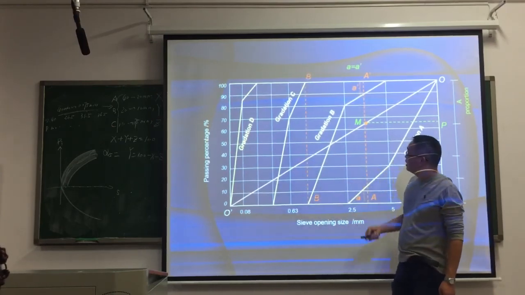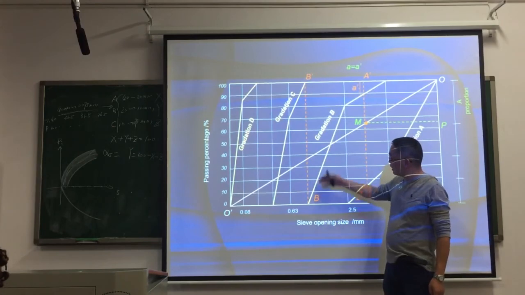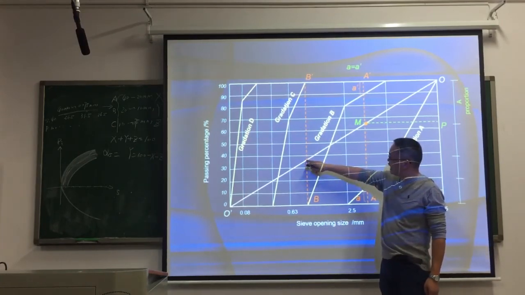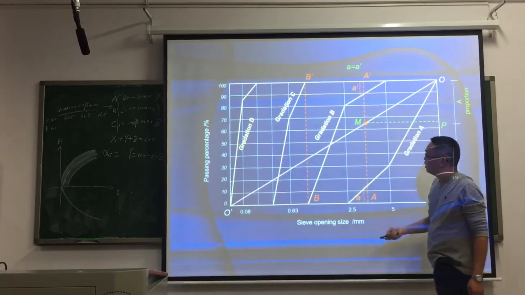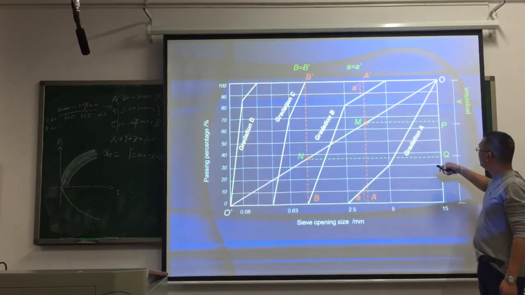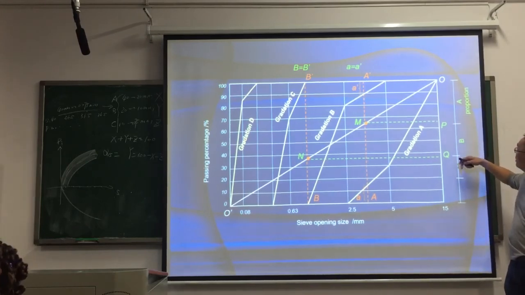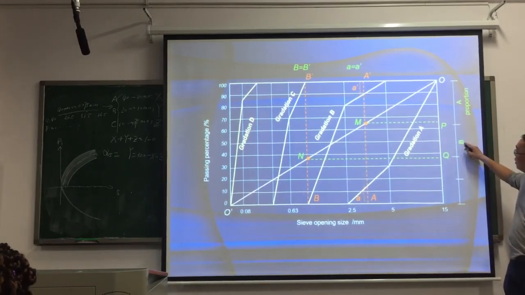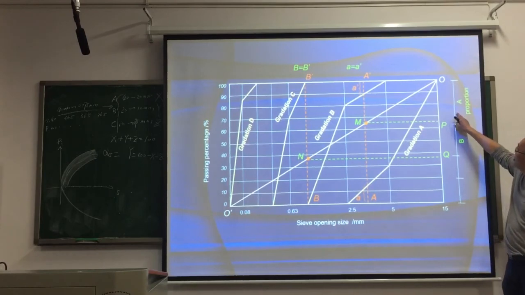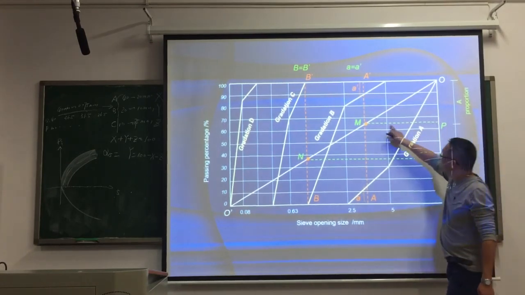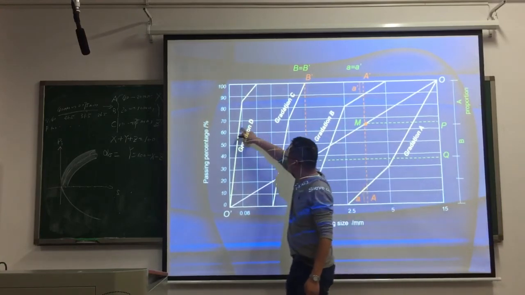So we can just connect it, and there is a dot we can get right here. This is for the proportion of B. For the proportion of A, we can line it right here.